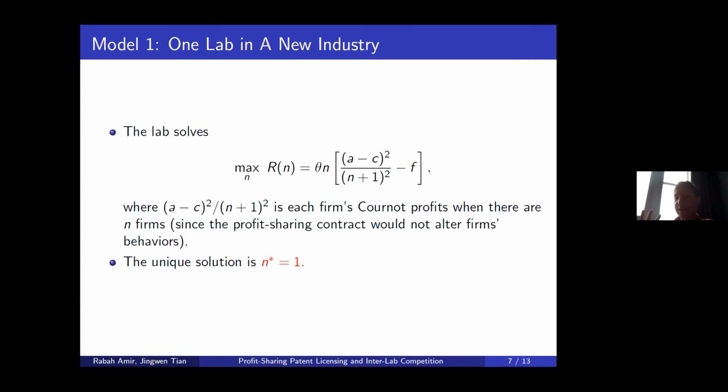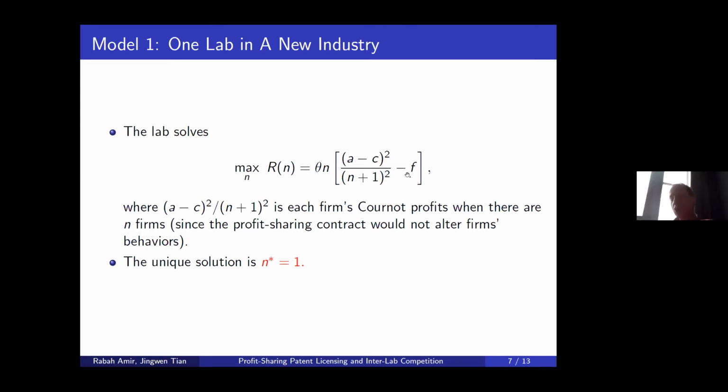So we fix the rate at which the licensor extracts profits from the licensees, but we vary the number of licensees. Earlier, you were varying all three, and in the previous papers, not in your paper, N, theta, and F were all announced by the innovator.